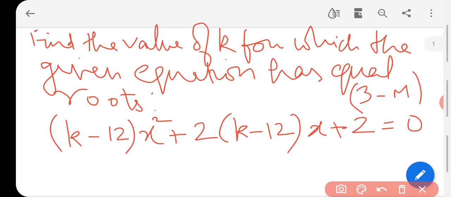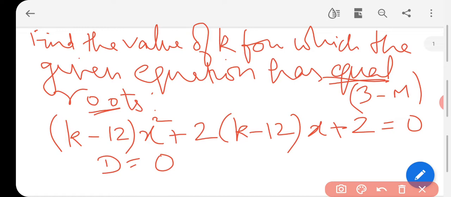Now we'll read the question again. Here the quadratic equation is given to you. We need to find the value of k so that the given equation has equal roots. Beta, in the last class I told you the condition for equal roots: D is equal to 0, because when the discriminant is equal to 0, the roots are real and equal.